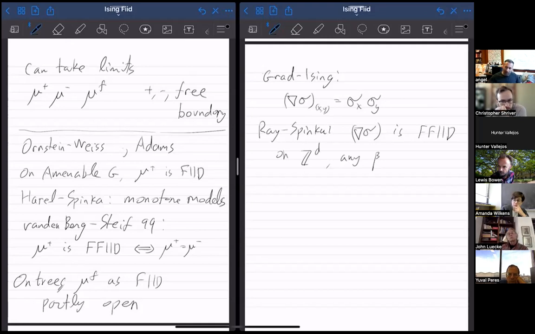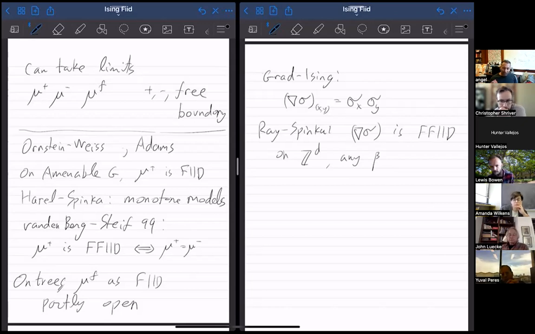So even if you have non-uniqueness, the gradient is a finite factor of IID, which shows that this large deviation obstacle is the only thing preventing this from being a finite factor of IID. So that's what I want to say about the Ising model.